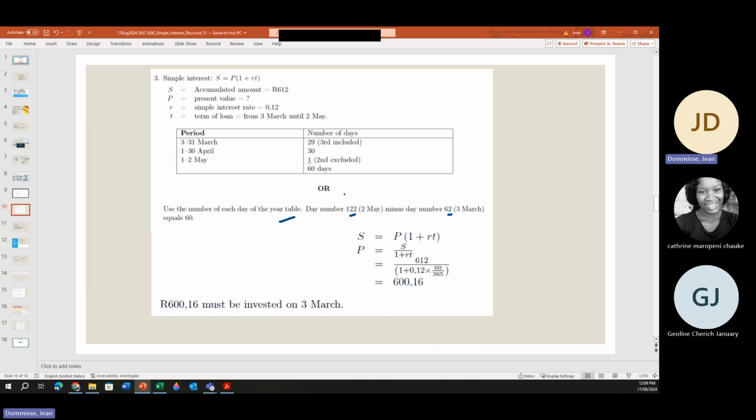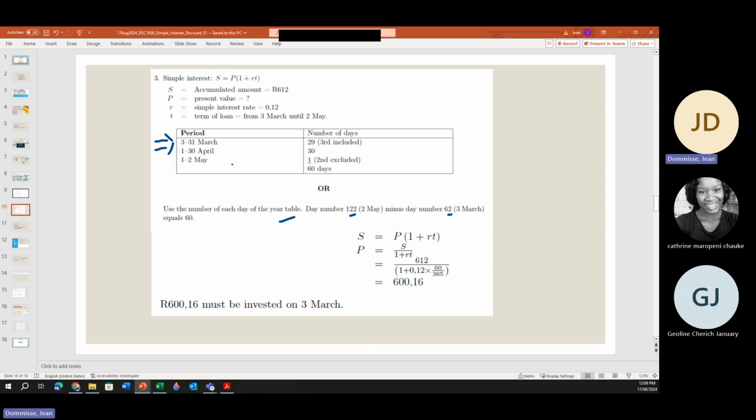And with that, you get to the 60. They've also shown here how you can break it up into months, but that becomes very, I don't want to say difficult, but one can very easily make a mistake if you start to break it up like that, and it's not needed.